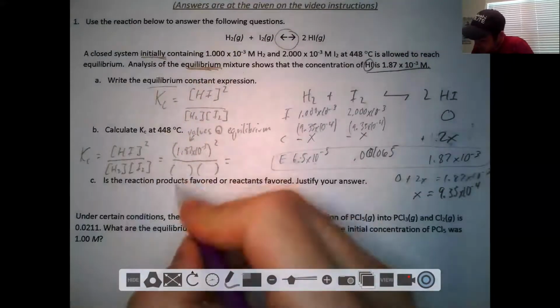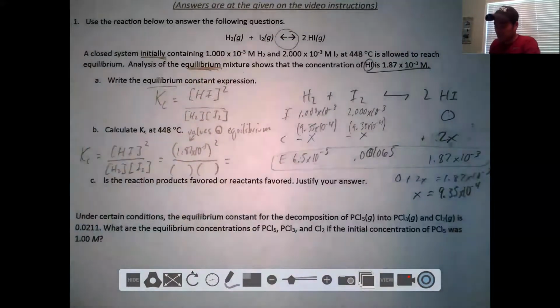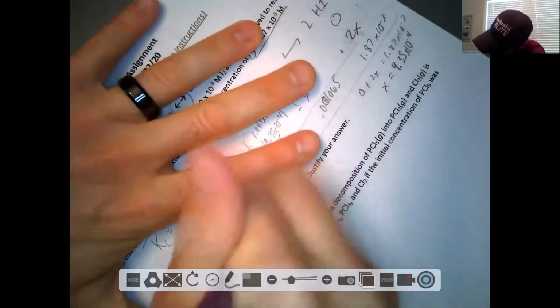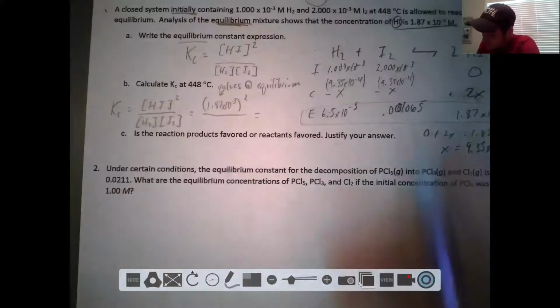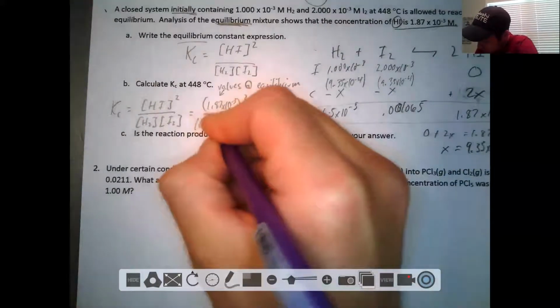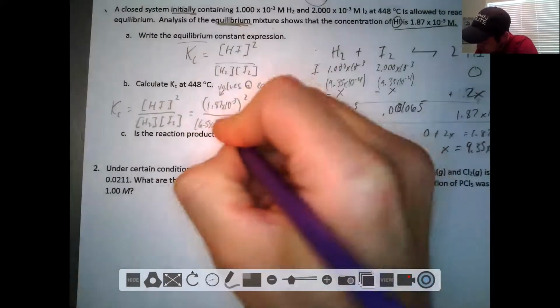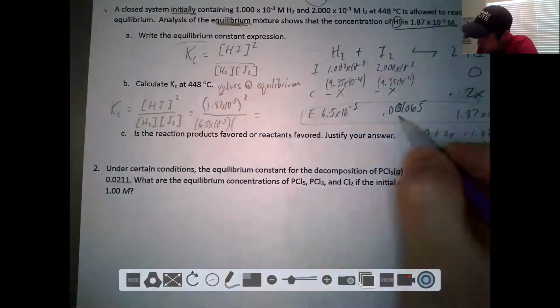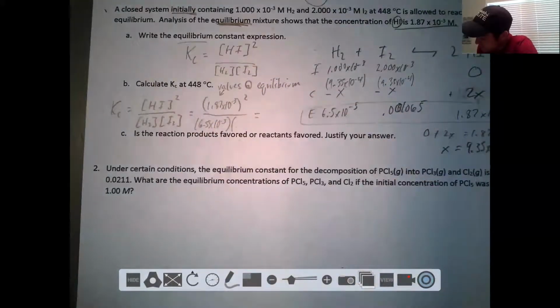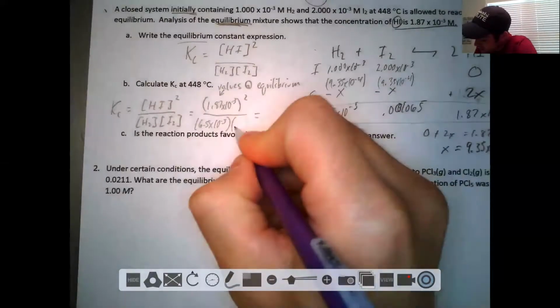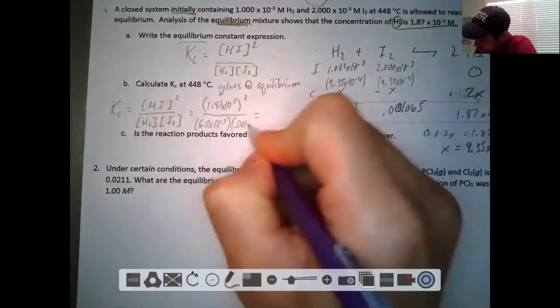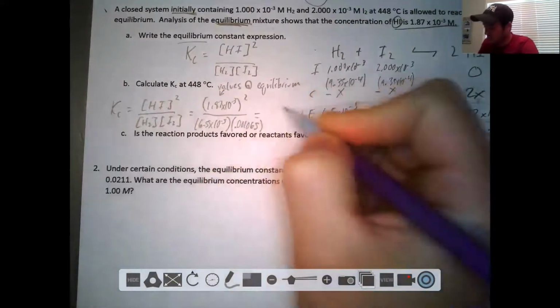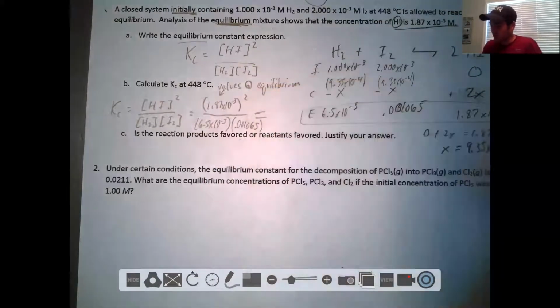Concentration of H2, let me erase this just so I can get a little more space. So we'll go 6.5 times 10 negative 5, and then we'll put 0.001065, and we can solve for our K constant.